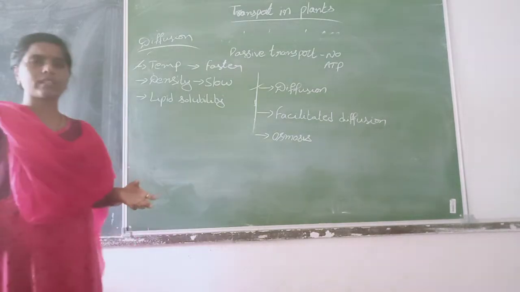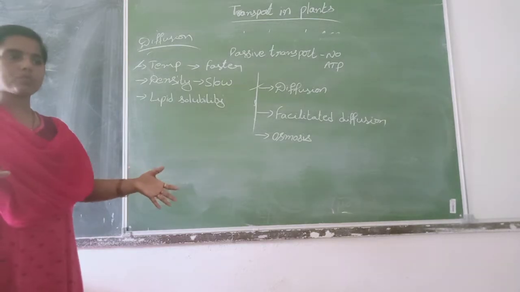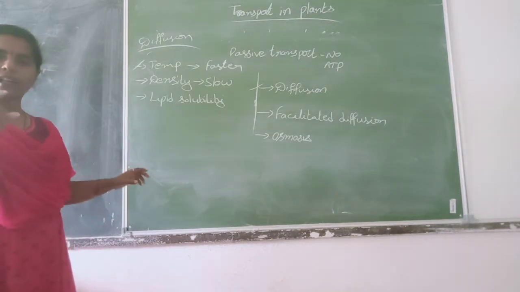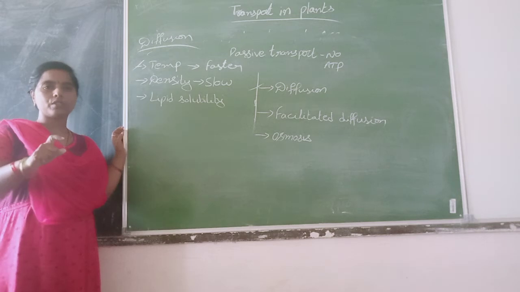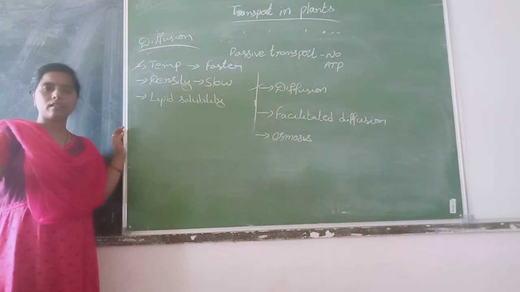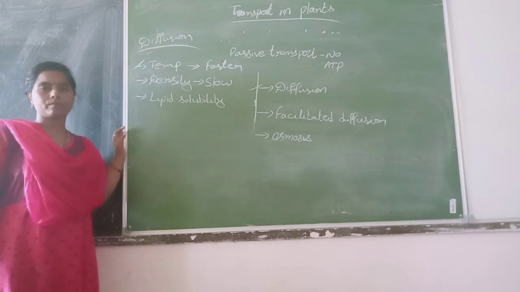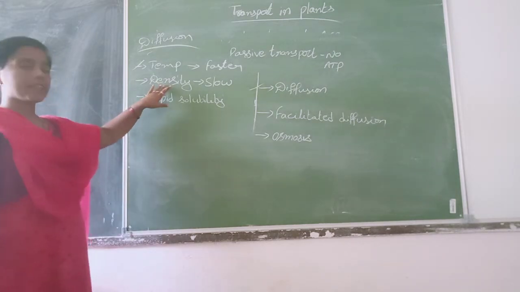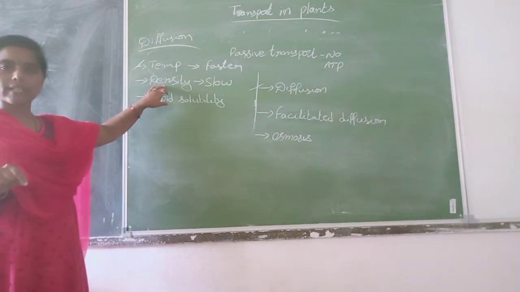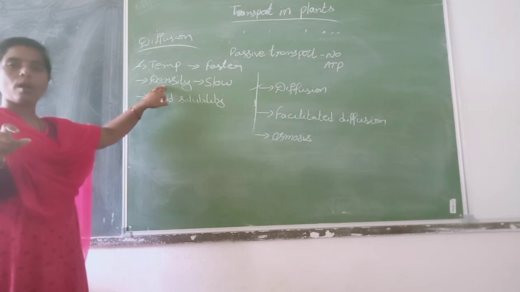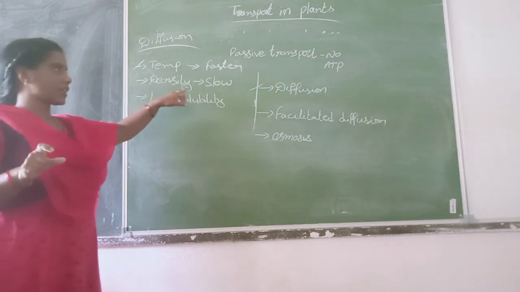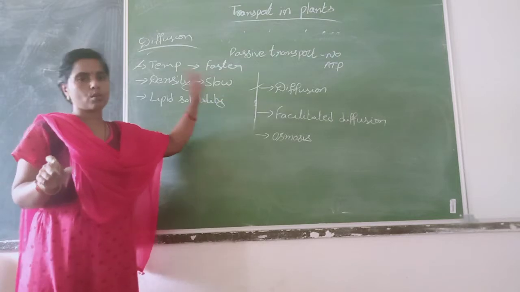We already know that heavy particles move slowly compared with lighter ones. Smaller ones can move easily. Heavier particles take some more time. Like that, if the solute particle is heavier or dense, in such a case diffusion will be slow.